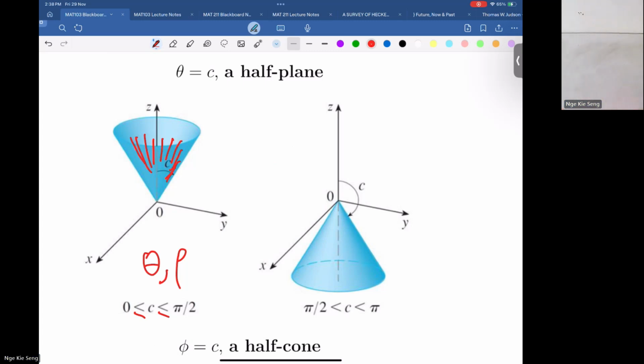Okay? As long as it has this phi angle, we take it. So that's why we include everything, 0 to 2 pi in theta, and then we include every radius.